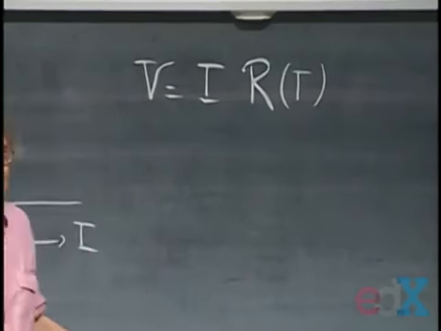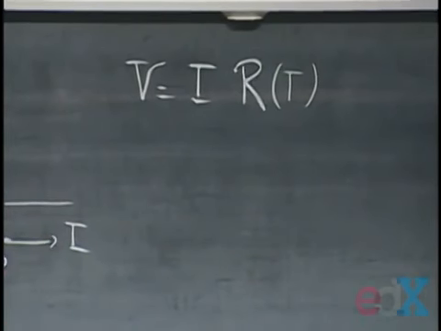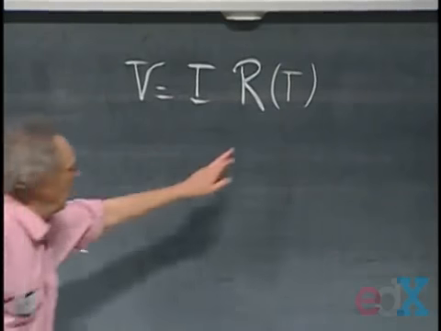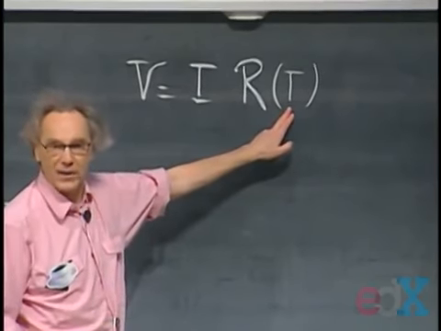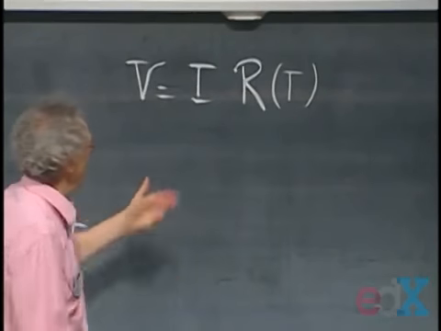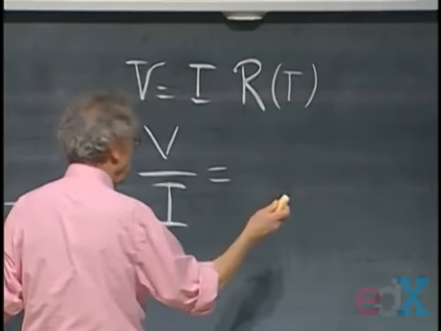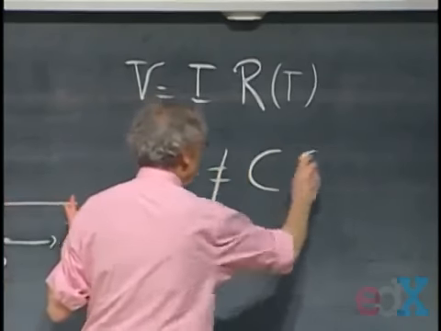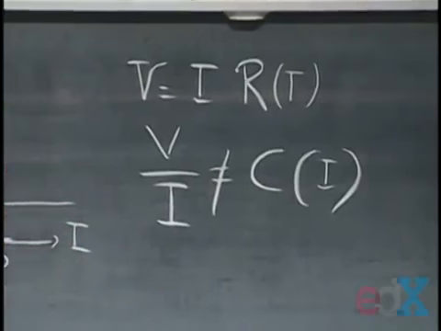Well, yeah, that's an incredible poor man's way of saving a law that is a very bad law, because the temperature itself is a function of current. The higher the current, the higher the temperature. And so now you get a ratio V divided by I, which is no longer constant. It becomes a function of the current. That's the end of Ohm's law.